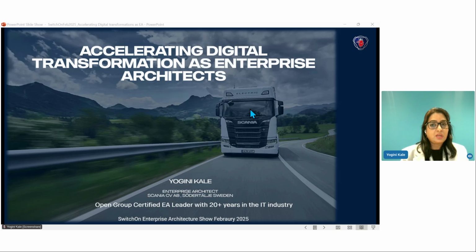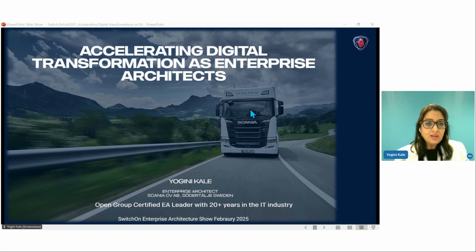In the past, I have worked on multiple architectural domains, predominantly on the information and data architecture side of things. However, I have been involved in all the aspects of enterprise architecture, including business, application, data, technology, and security.